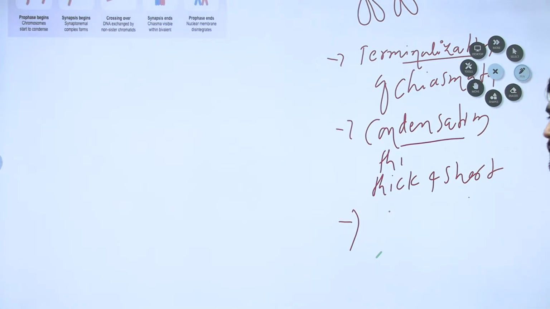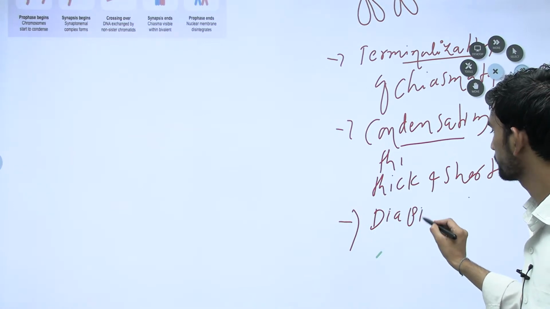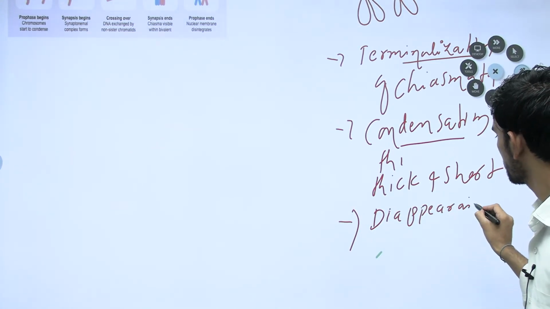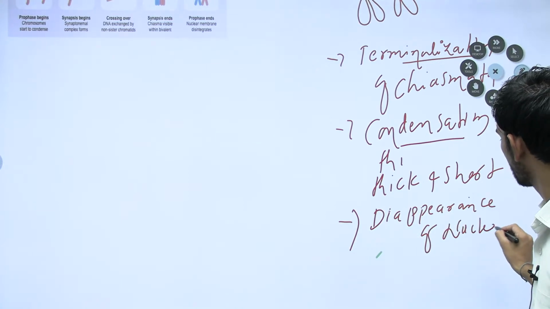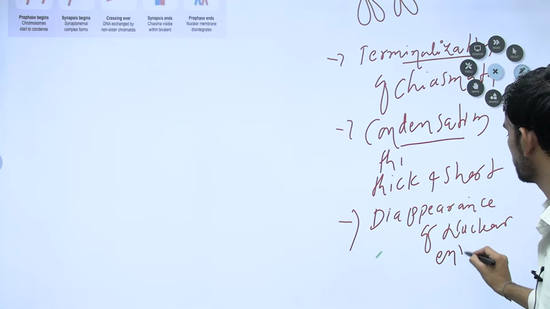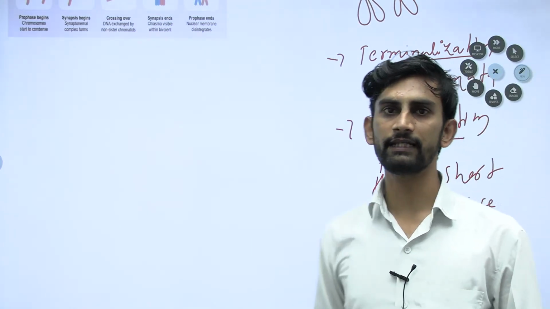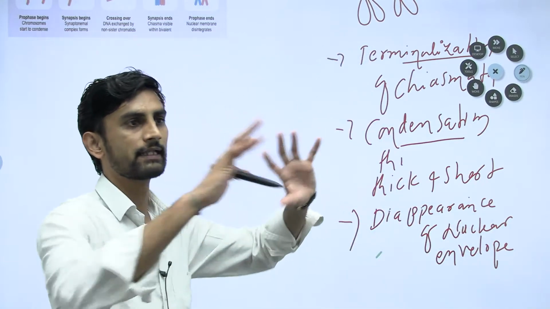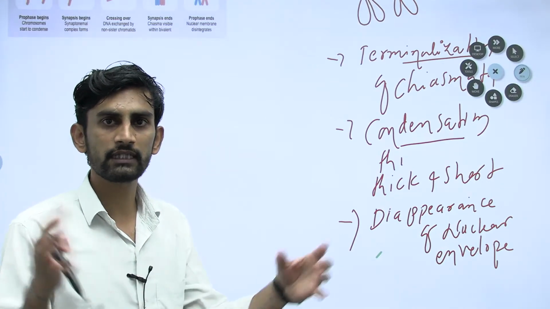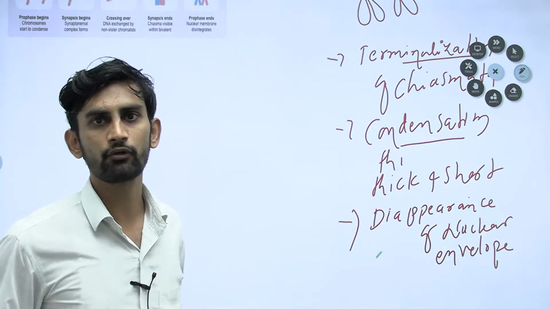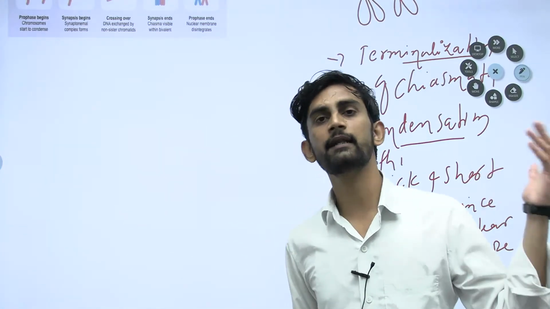After that, finally, disintegration or disappearance of the nuclear envelope. So this is the final step. That leads to disintegration of the nuclear envelope. The chromosomes have already become thick and short. They will come and lie on the equatorial plate. That is nothing but the beginning of metaphase 1 and the end of prophase 1.